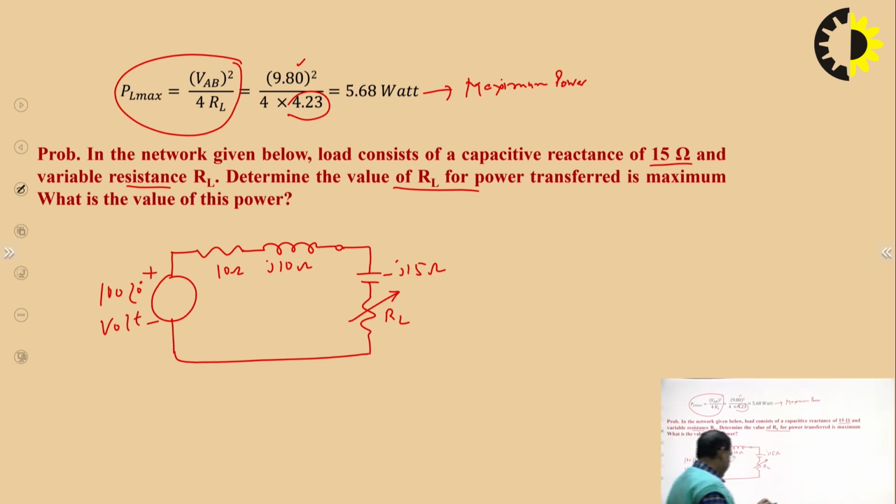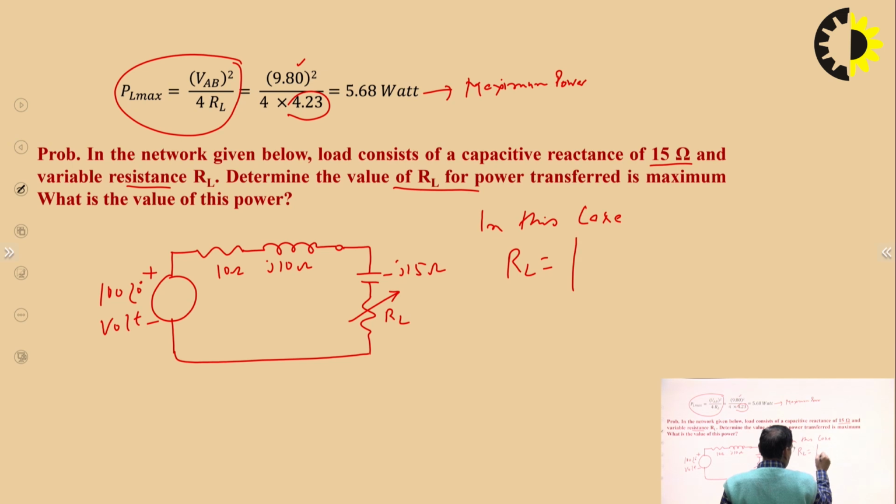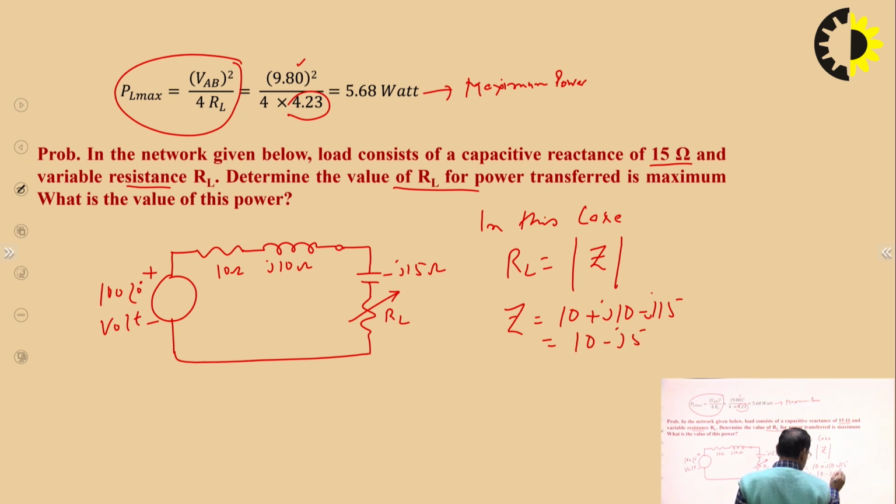So you have to find the RL. In this case RL is mod Z, and Z is equal to 10 plus J10 minus J15, so it is 10 minus J5.